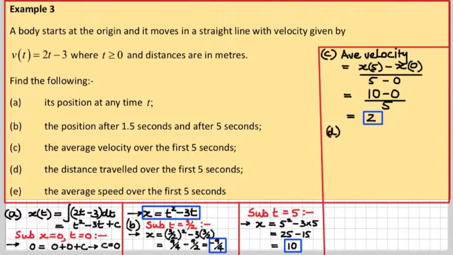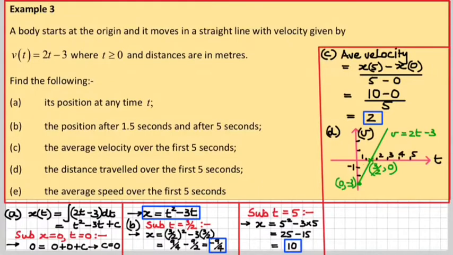Let's do part D. Now, this is where you've got to be very, very careful, okay? So I always like to draw a little graph just to get myself sorted on what's going on. So we can see here's V equals 2t minus 3 given over here.